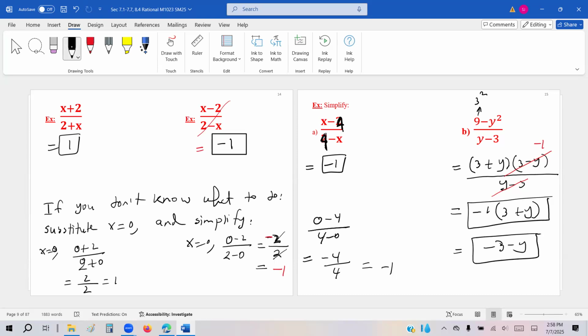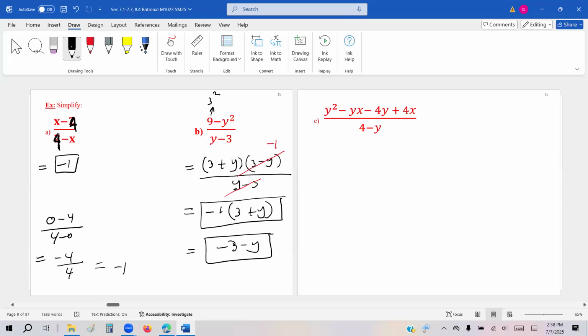But good job, you got it. Any question from anyone? So see the position. Whatever has the square first, we have to write that in the first position. So you have 3 squared minus y squared, so you have to write 3 first and then the y. I believe this is the last one here.